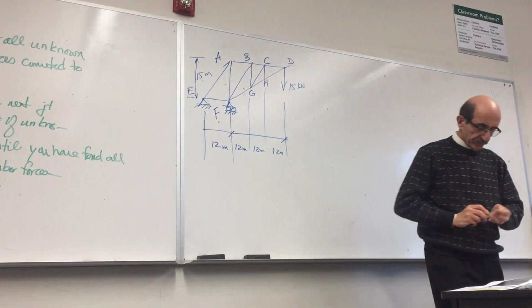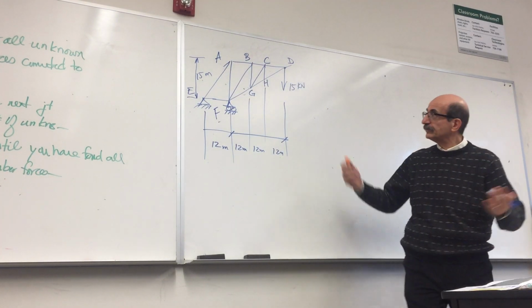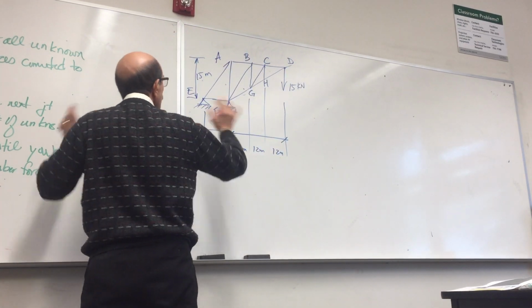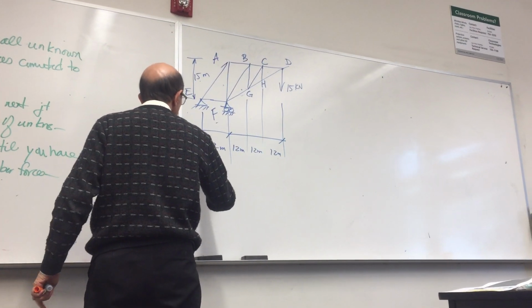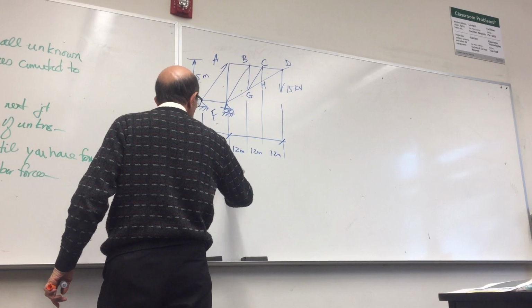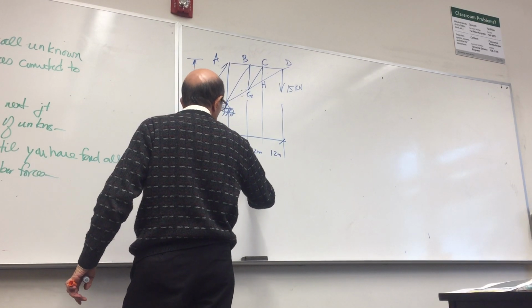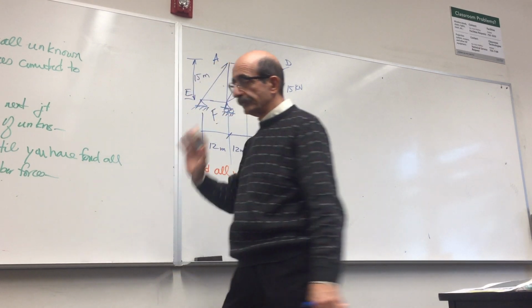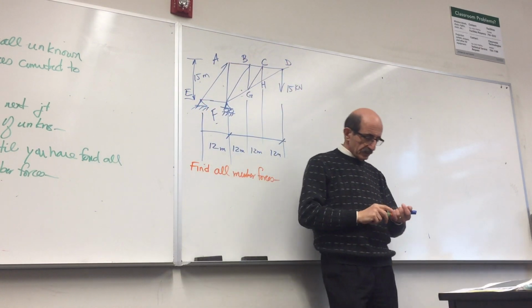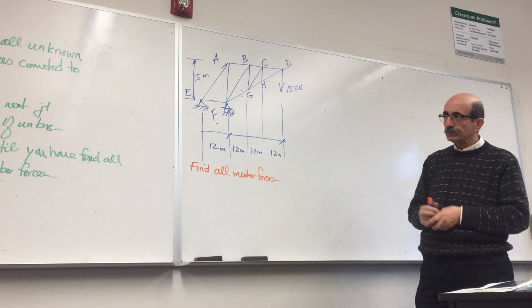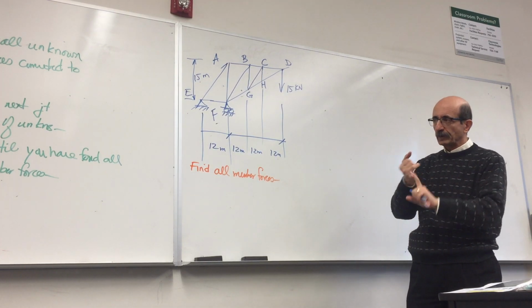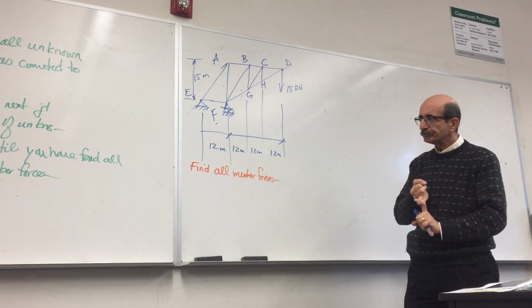So this is a good example of a joint method. Problem statements are like this: find all member forces. Remember, as we will see, those two footnotes that I mentioned, zero force members and compression and tension.